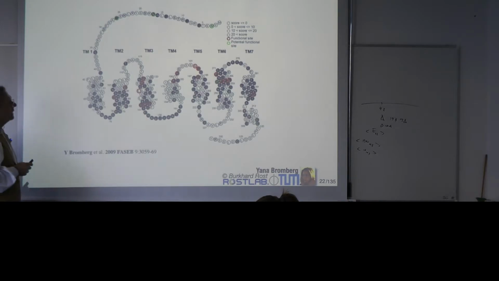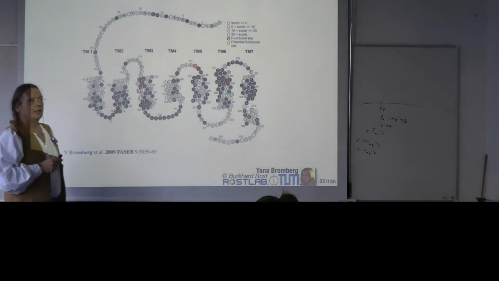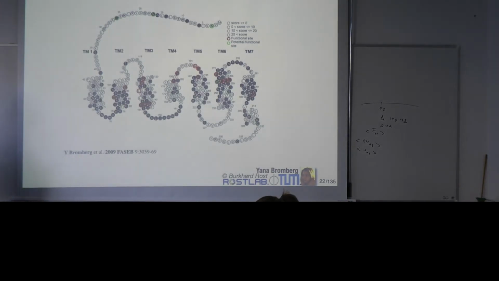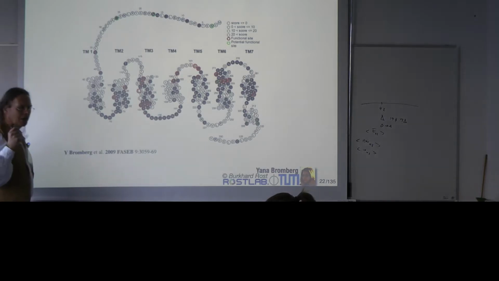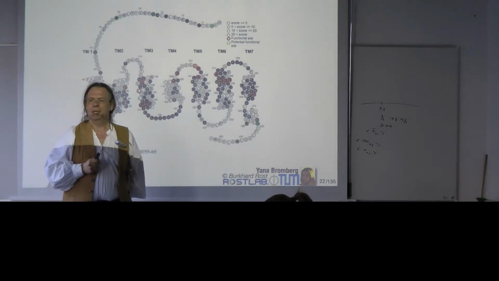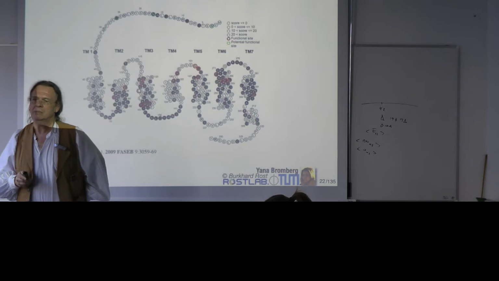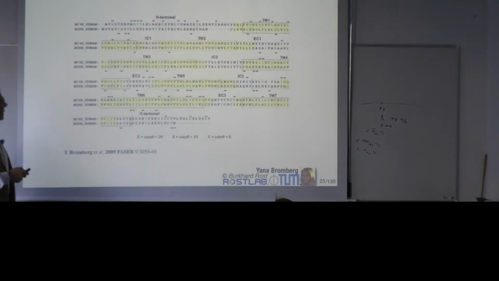Here's an application to something else, and again, given time, I'm going to zip through it very quickly. The point is, we simply take a particular receptor, melanocortin receptor, relevant for diabetes. These are the 7 transmembrane helices, and we map out what are the most sensitive spots. And then we look at a second receptor that is 60% sequence identical, and we compare them.